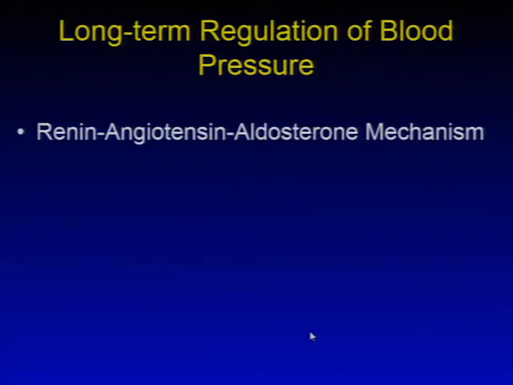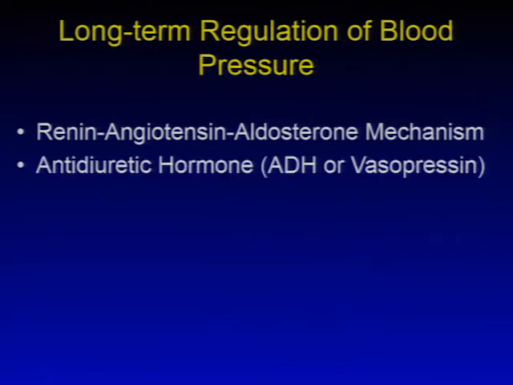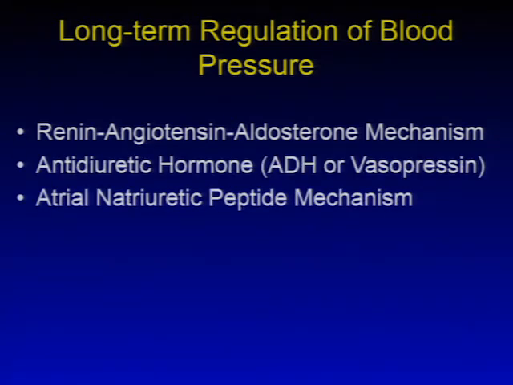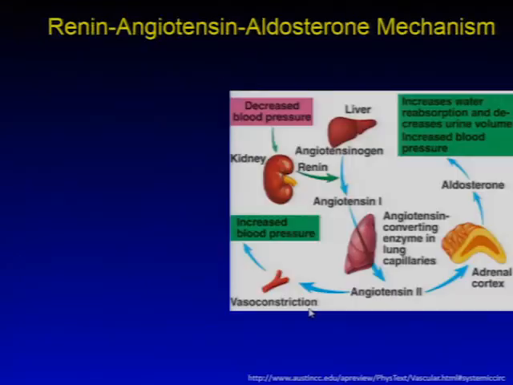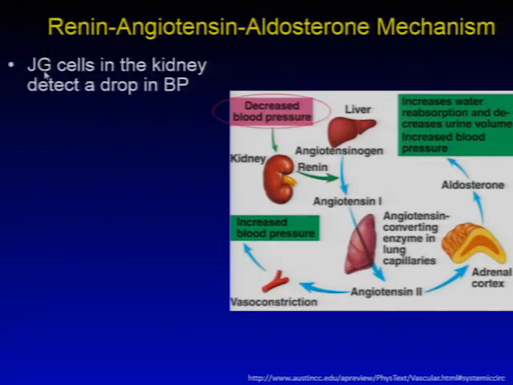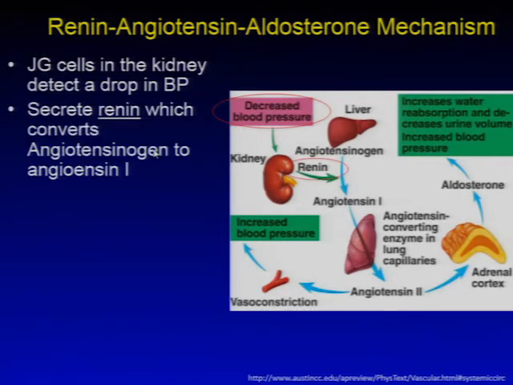Long-term regulation of blood pressure occurs via the renin-angiotensin system, antidiuretic hormone, atrial natriuretic peptide, fluid shifts within the body, as well as varying levels of epinephrine and norepinephrine. The renin-angiotensin system detects decreases in blood pressure in the kidney. The juxtaglomerular cells in the kidney will detect that drop in blood pressure and secrete renin.